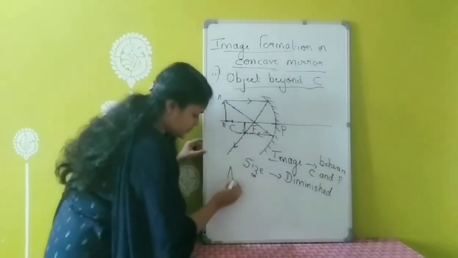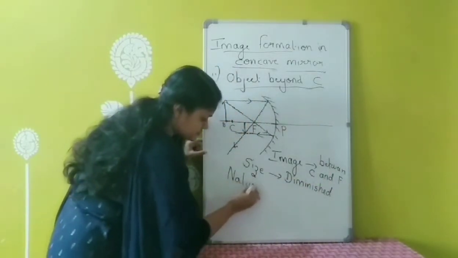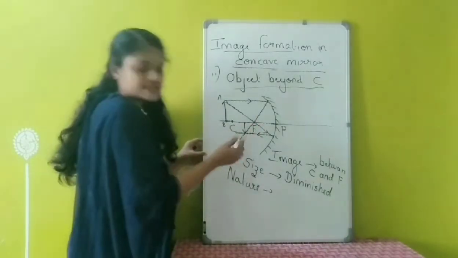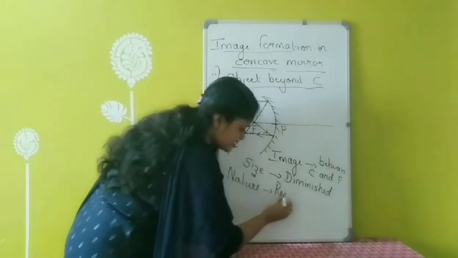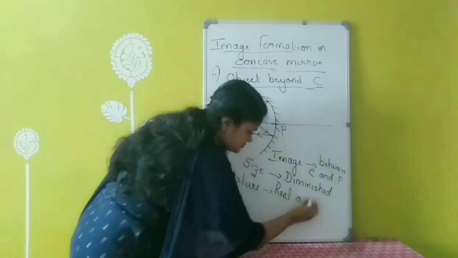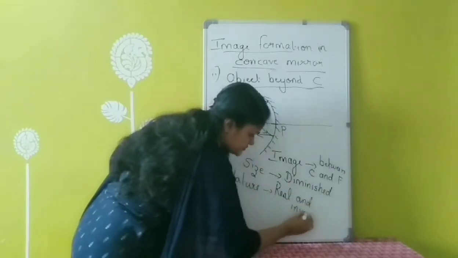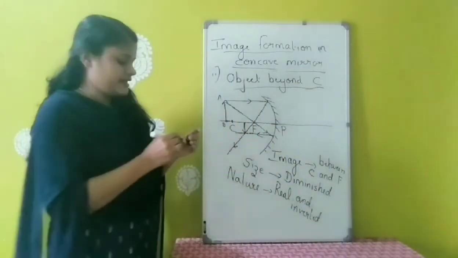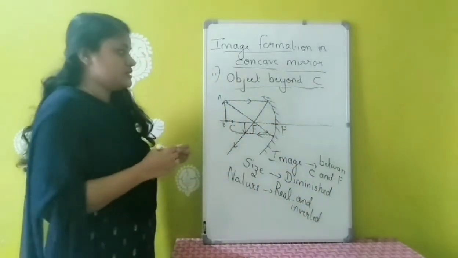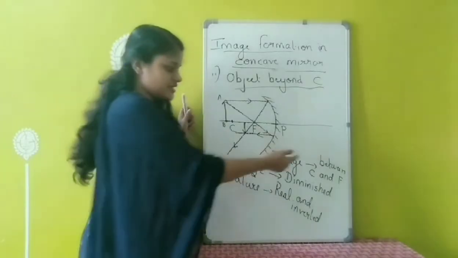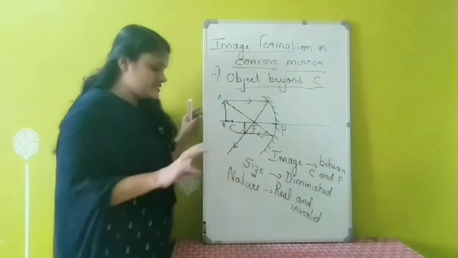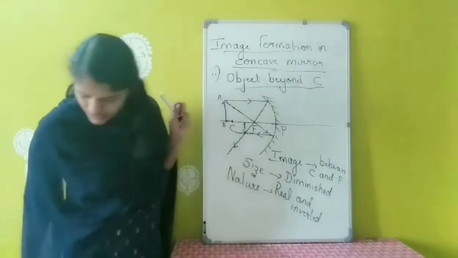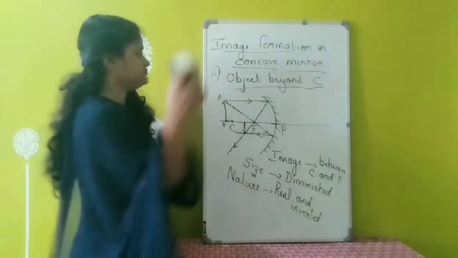And nature of the image: here light rays are actually meeting, so the image is real as well as inverted. Real and inverted. So this is the second ray diagram. That is, object is beyond C. When the object is beyond C, we are getting the image between C and F. Size of the image is diminished and nature of the image is real as well as inverted. Okay. Next is the third one.